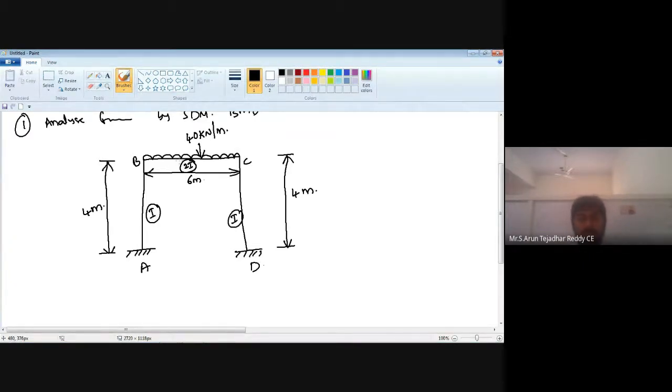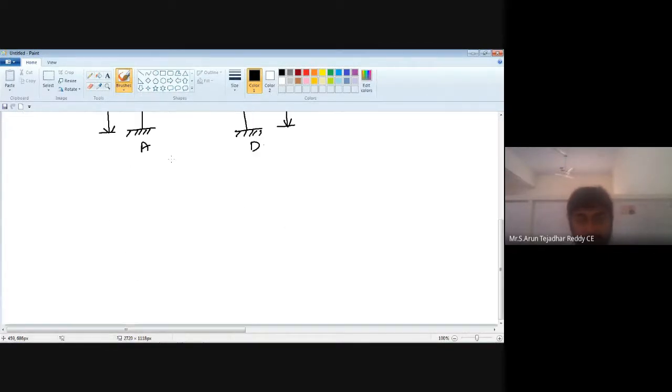Now in this given diagram, what is the first step in the slope deflection method? Already you know that the first step in the slope deflection method is to find out the fixed end moments.